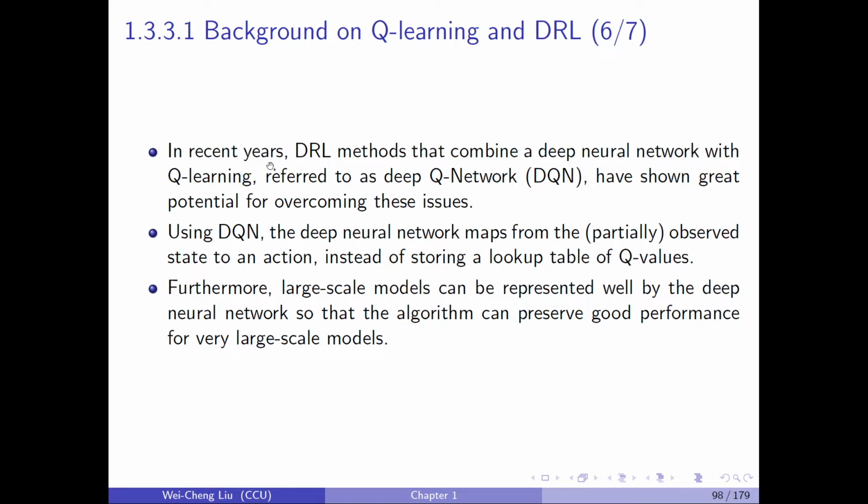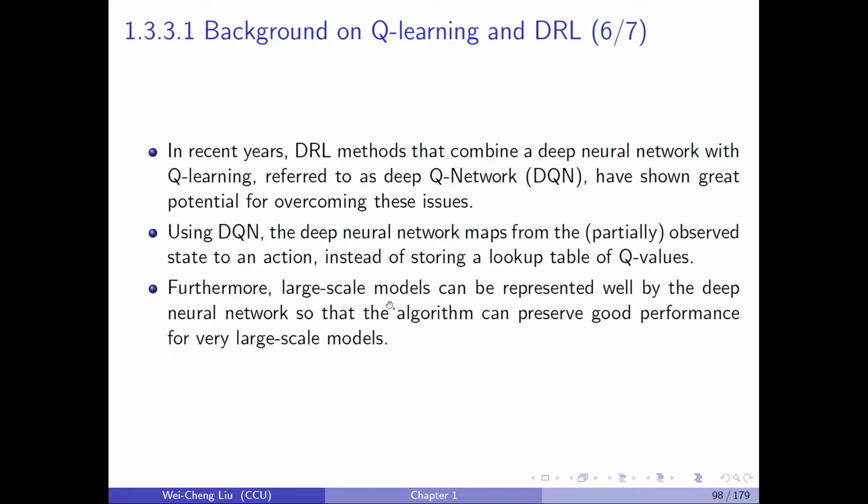In recent years, DRL methods that combine a deep neural network with Q-learning, referred to as Deep Q Network (DQN), have shown great potential for overcoming these issues. Using DQN, the deep neural network maps from the partially observed state to an action, instead of storing a lookup table of Q values.